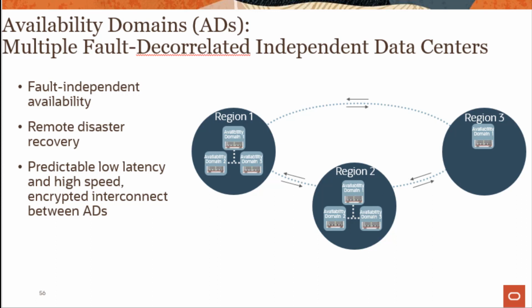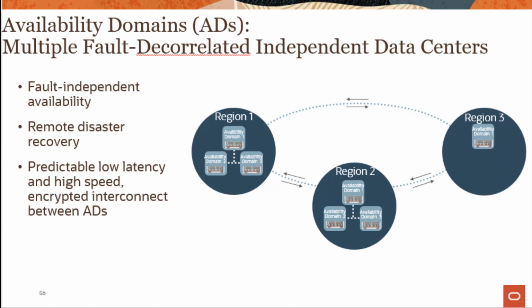So in this slide, if we look at region 1, which has 3 ADs, these 3 ADs within this region 1 are connected using a secure high-speed, low-latency network. Now, with this low-latency network, it allows customers to build and run highly reliable applications and workloads with minimum impact to application latency and performance.